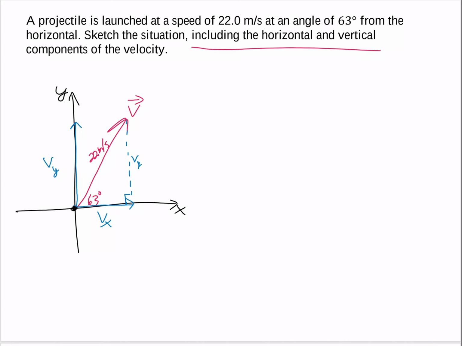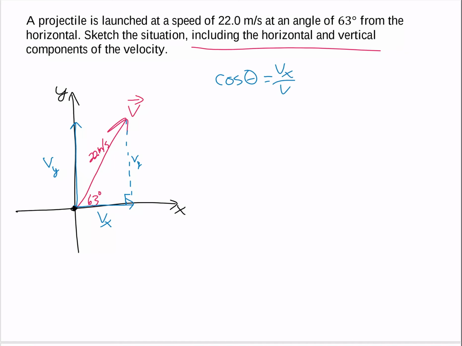Because the 63 degrees is sitting there as my reference angle, if I want to find v sub x, that's my adjacent side. I know adjacent and hypotenuse, so cosine of my angle equals v sub x over the hypotenuse, which is v.